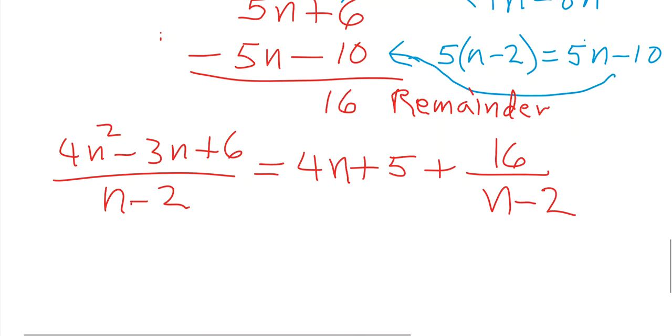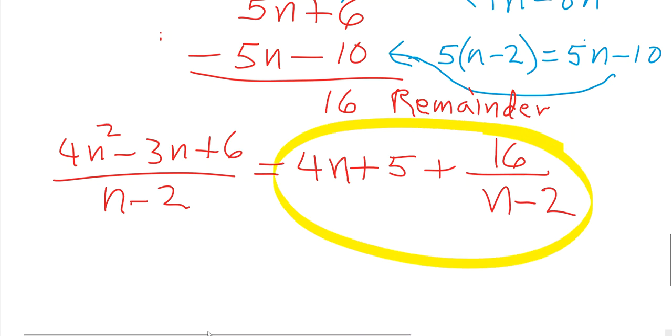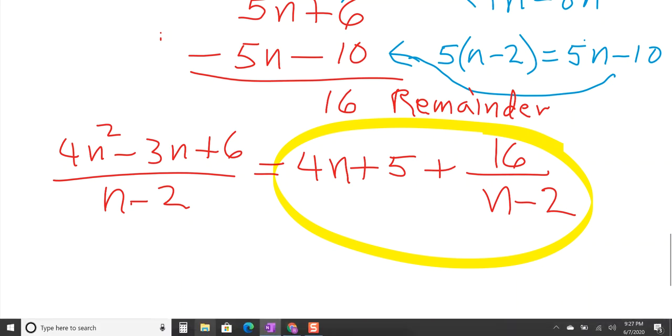There you have it. That is your final answer right there. 4n plus 5 plus 16 over n minus 2.